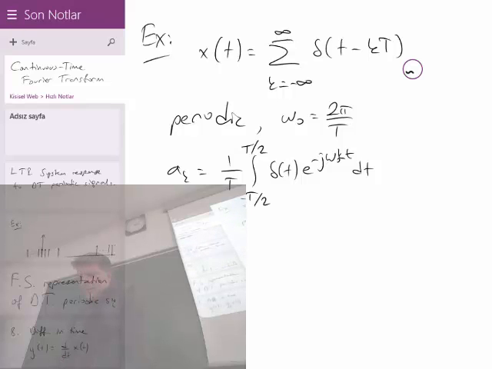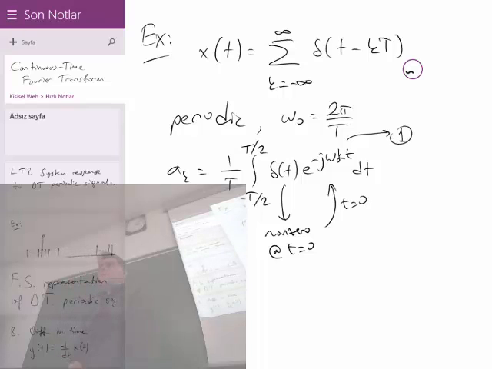And delta(t), you remember the trick, is non-zero at t equal to 0 only, which makes this e to the minus j omega 0 k t at t equal to 0. What is that at t equal to 0? e to the 0. So this thing becomes 1. e to the 0 is 1.